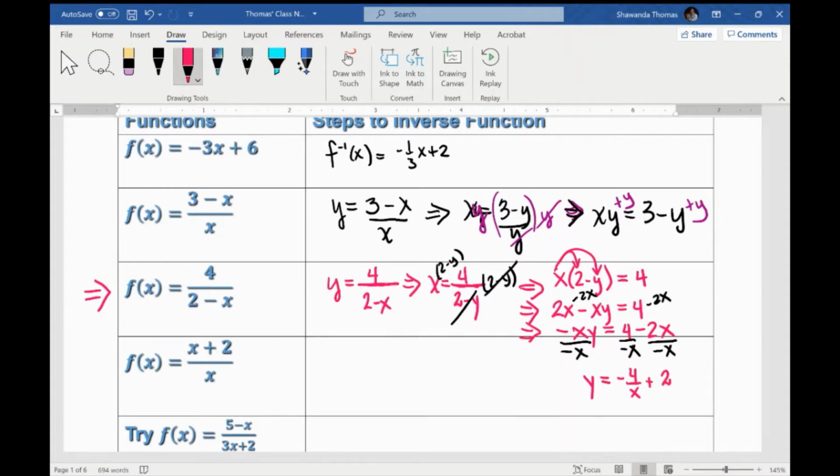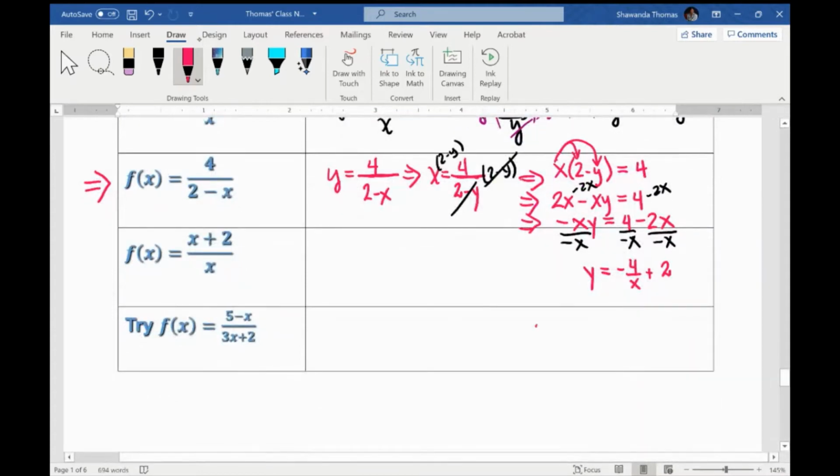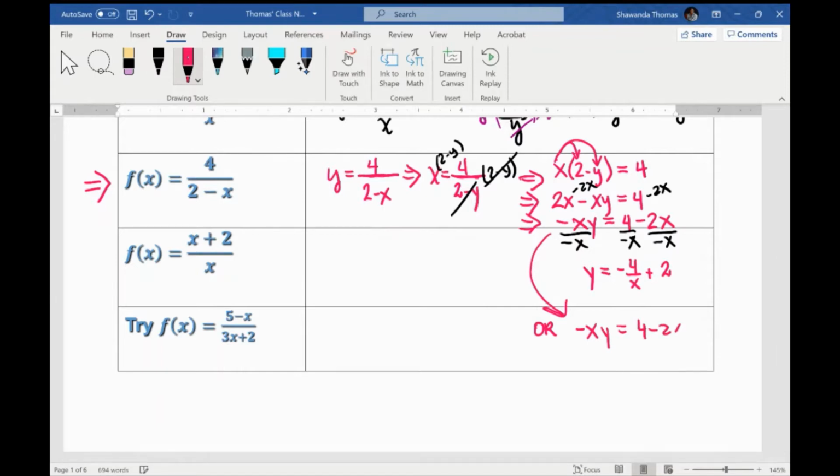I'm going to show you another way. Any questions about that way first? At this point, starting from negative xy equals 4 minus 2x, if you divide the whole thing by negative x, then y equals, you can move the negative up.